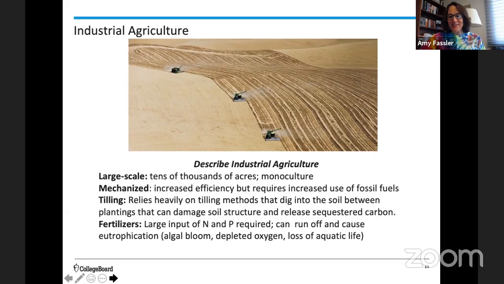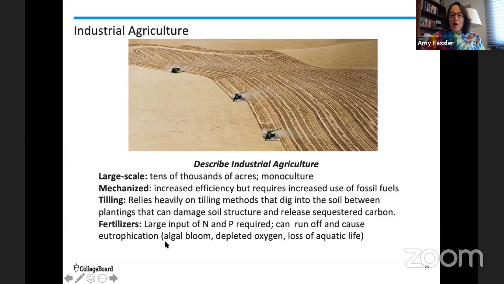And back to this idea of fertilizers, large inputs of nitrogen and phosphorus, because they are limiting factors in a terrestrial ecosystem. There is no way that food production could have ever kept pace with human population if we didn't supplement the nutrients in the soil in some way in a large scale agriculture practice.